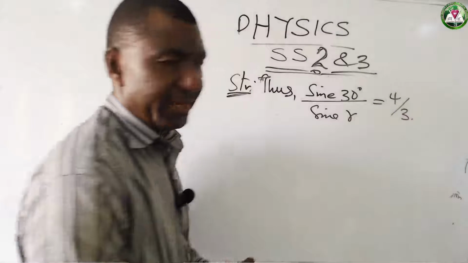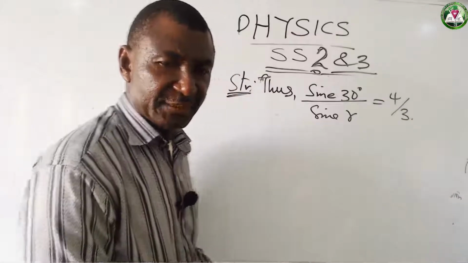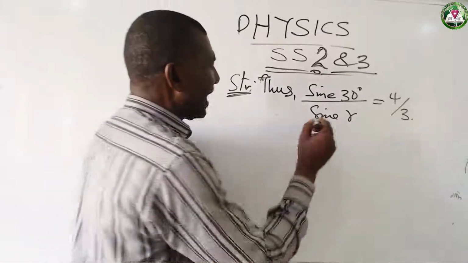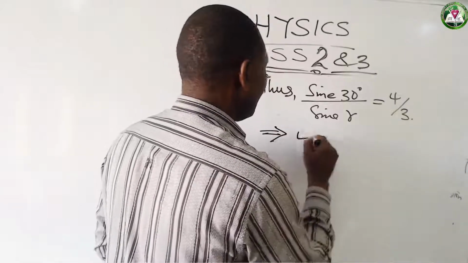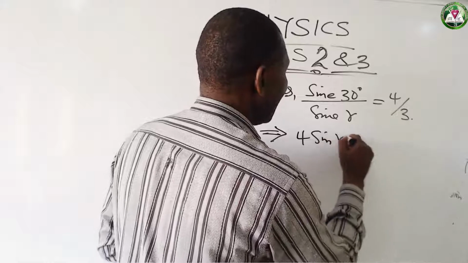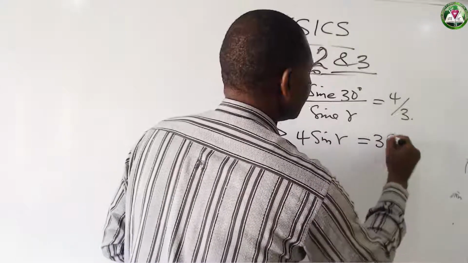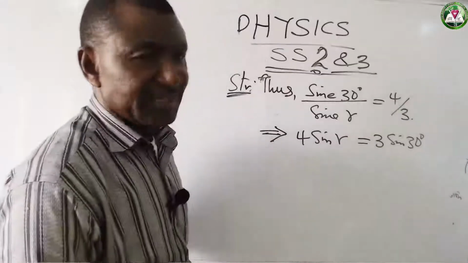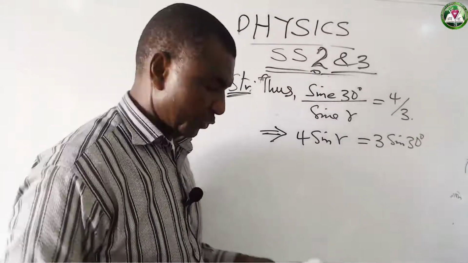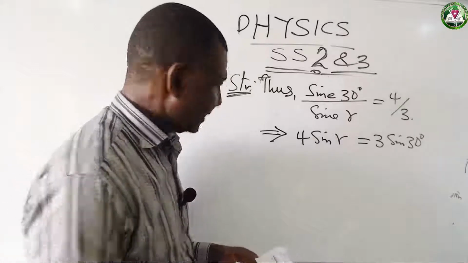That's the value of n, the refractive index. So when you cross and multiply, this implies that 4 sine r is equal to 3 sine 30 degrees.